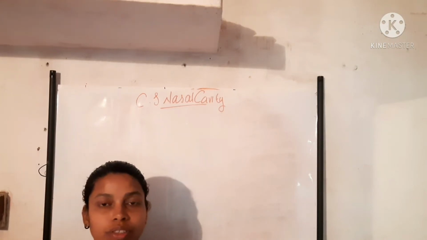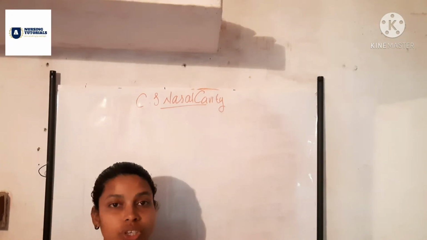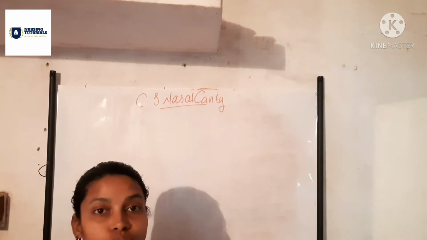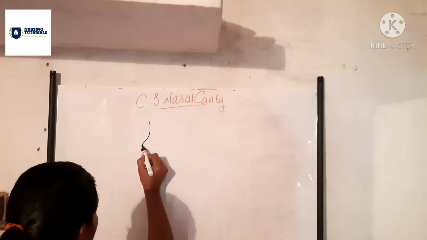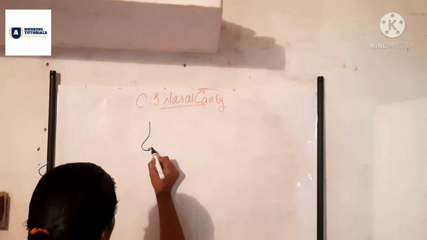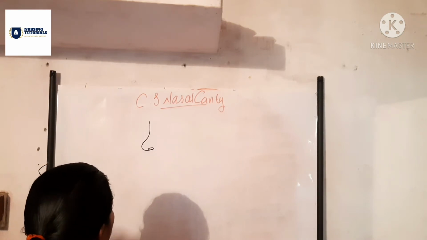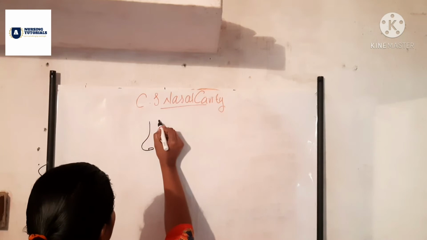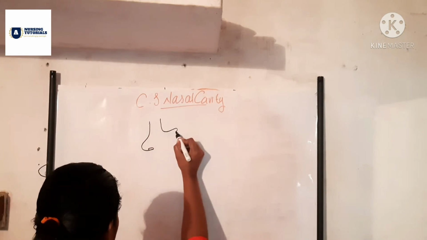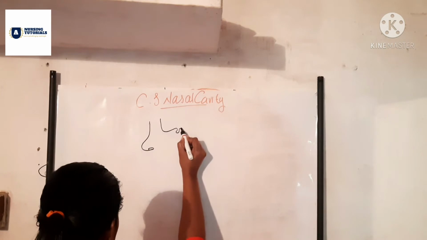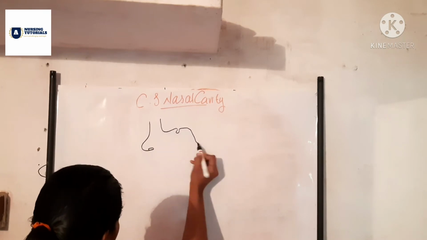Everyone, today we are going to discuss the cross section of the nasal cavity, or how to draw the diagram of the nasal cavity. We can start from the external nose, which is the nostril, and give some space and draw the bony structure here.